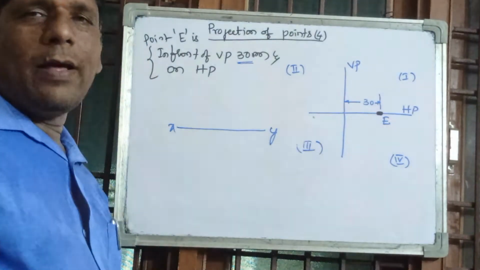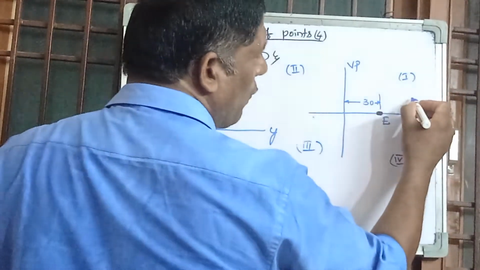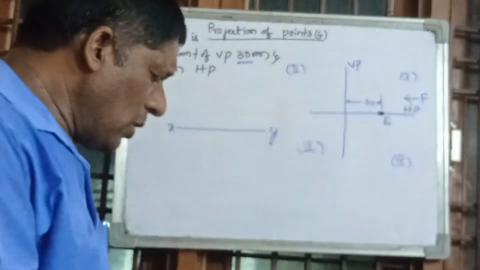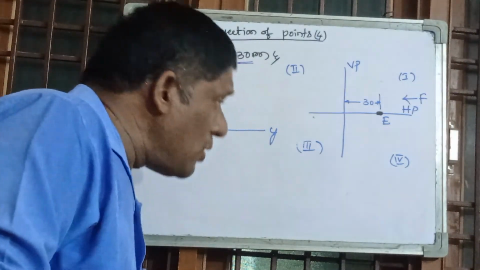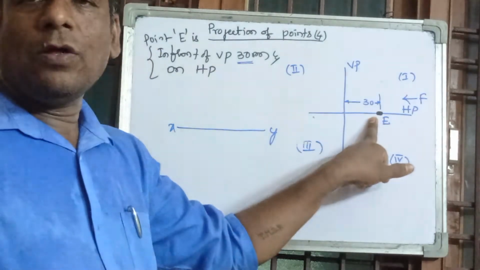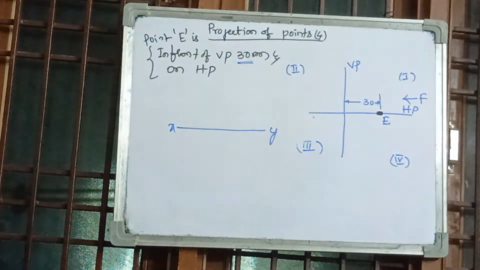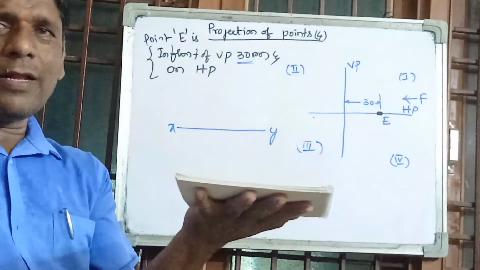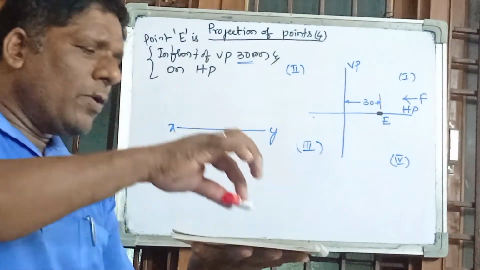So once again go for the XY axis line, and you are observing the front view from this side. Same procedure once again. If you observe the front view from this side, there is no chance to see this. Why? Because it is falling on the horizontal plane. So how can we draw this? Suppose this is the horizontal plane, and suppose it is above HP.